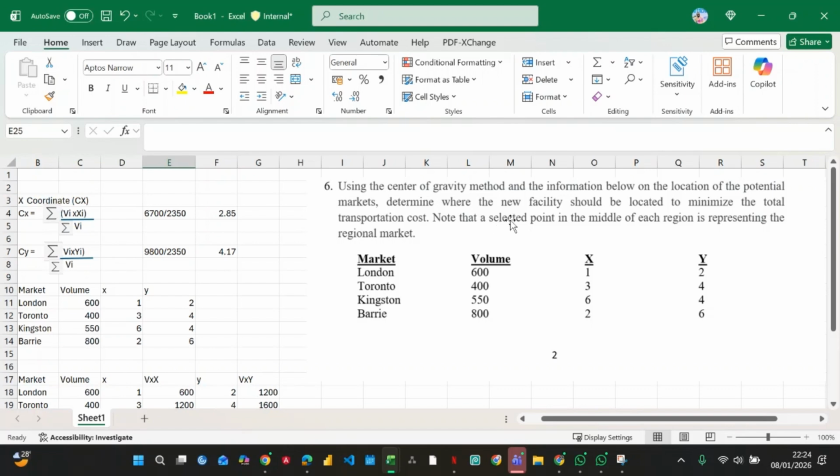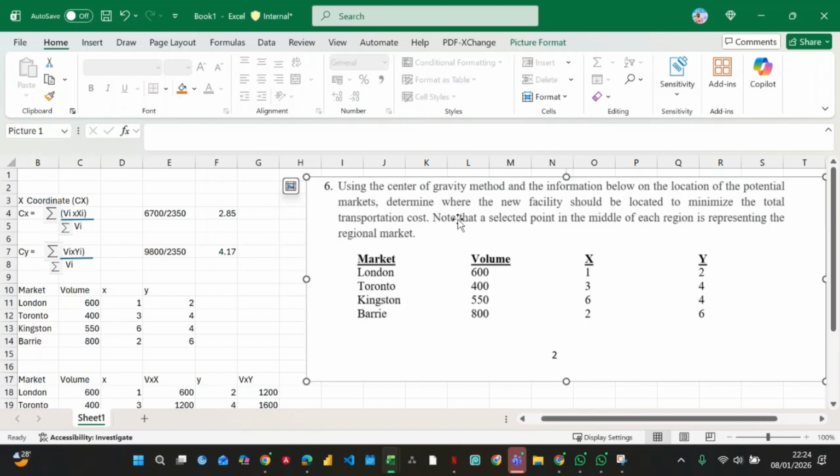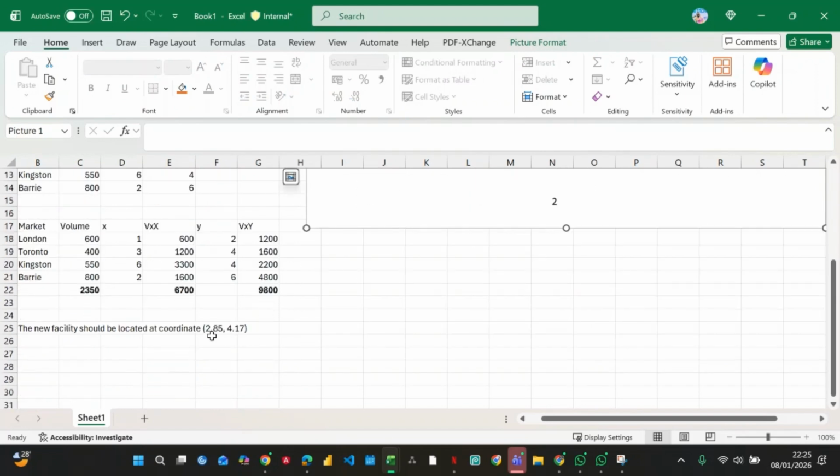This is where we are going to base our selection of the point that is actually close to where we are. This is what we use here to determine where the site should be located based on these locations. Do you get? So now, we find 2.85, right?